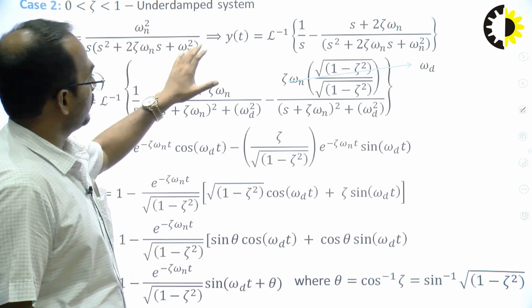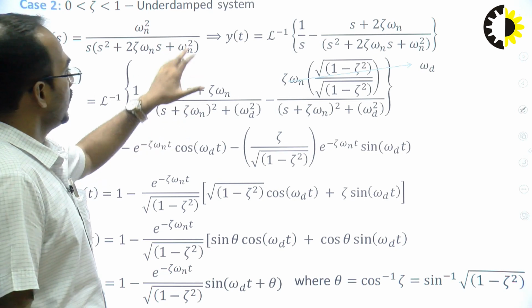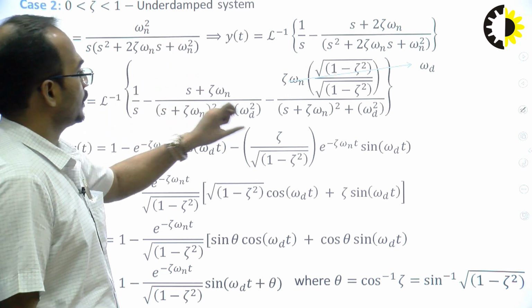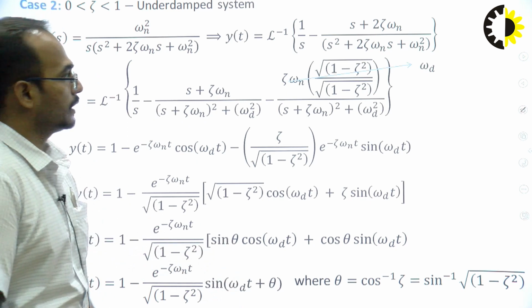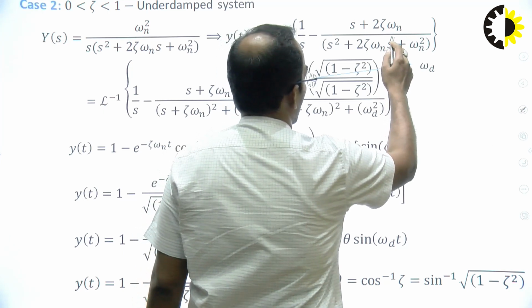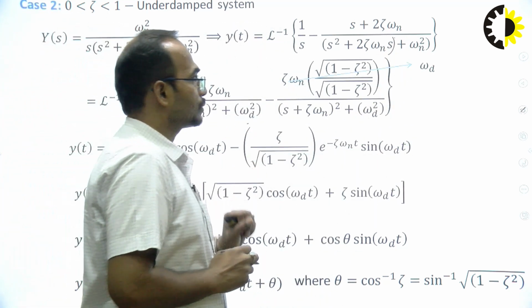If we do the partial fraction, we will get 1 by s minus (s plus zeta omega n) upon (s plus zeta omega n) square plus omega d square. Where are we getting this from? We are making the whole square by using omega d square.